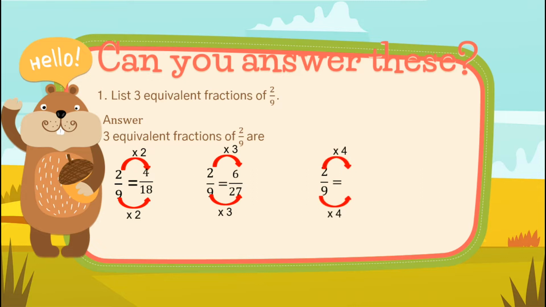Times 4, 8/16. So the answer, 3 equivalent fractions of 2/4 are 4/8, 6/12, and 8/16. Are you correct, students?